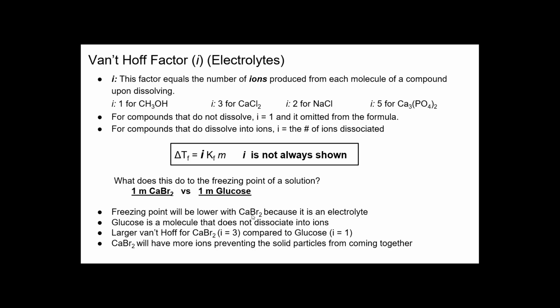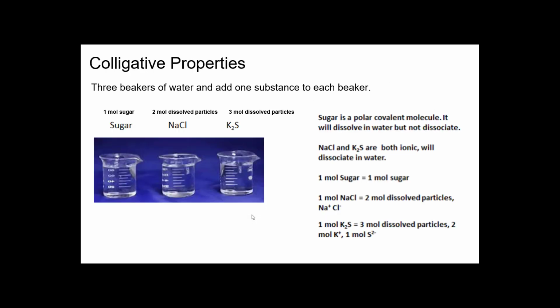The freezing point will be lower for calcium bromide, or think of it as a larger difference between what the original freezing point was and what the freezing point is now. There's a larger Van 't Hoff factor for calcium bromide, i equals 3, compared to glucose, which is i equals 1. Calcium bromide has more ions, which I already stated, more ions blocking the particles from coming together.